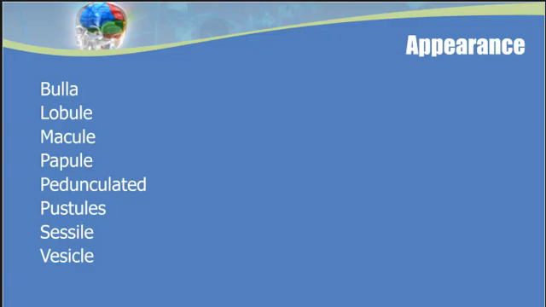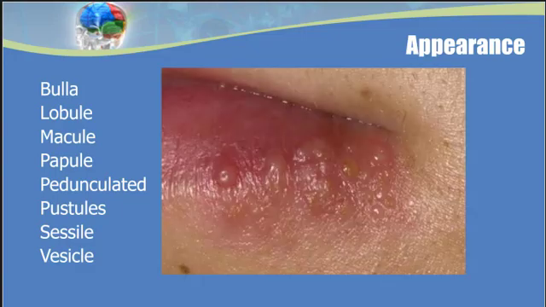And the last one we're going to talk about regarding appearance is going to be a vesicle. A vesicle is going to be small elevated lesions less than 1 centimeter in diameter that contain serous fluid. So vesicles are often seen in groups versus a bulla, which is going to be one larger fluid-filled lesion.